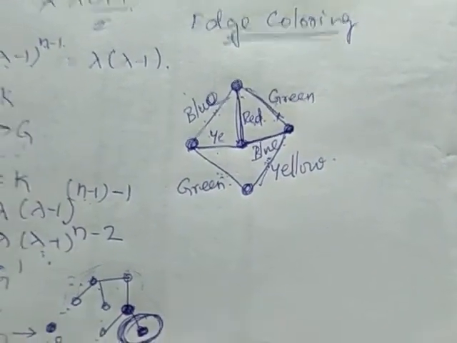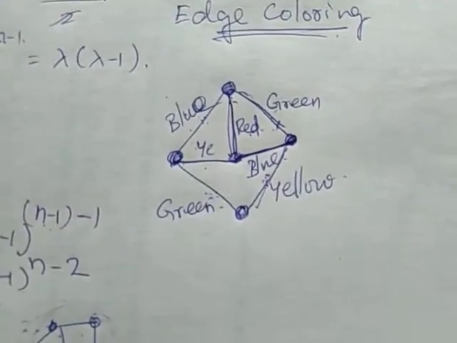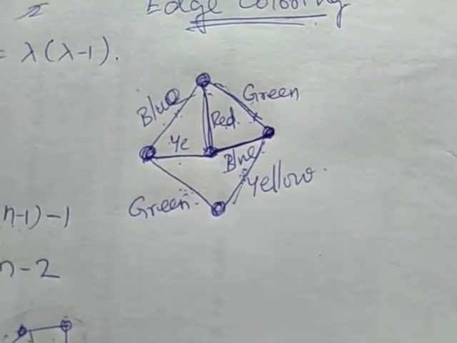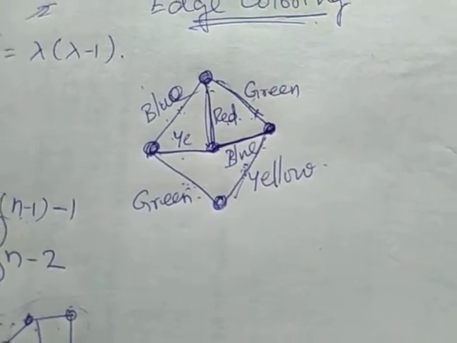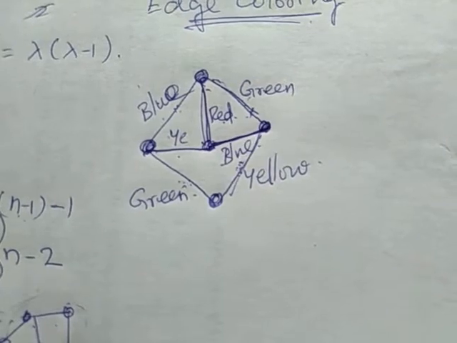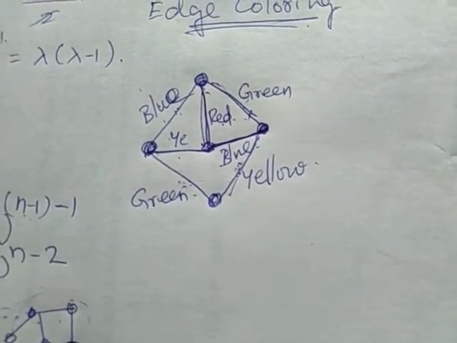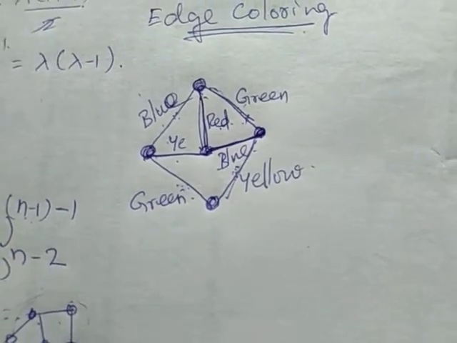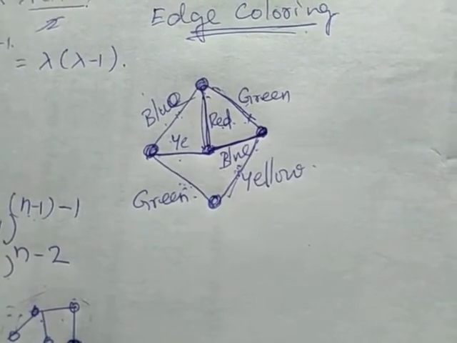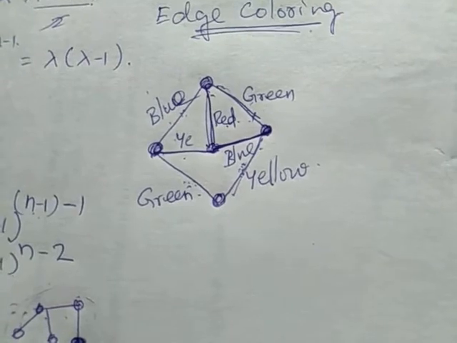So we have colored the edges of the graph properly. So edge coloring means we are assigning colors to the edges of the graph such that adjacent edges are not sharing the same color.